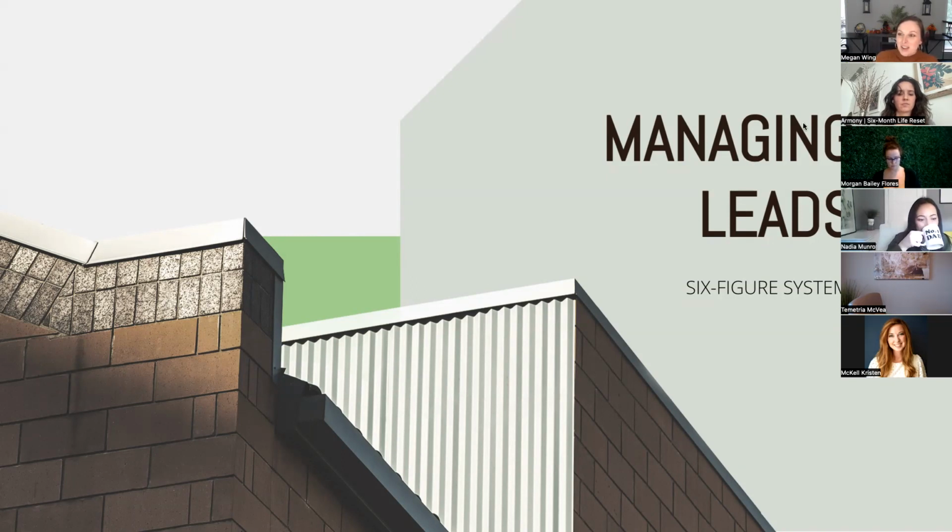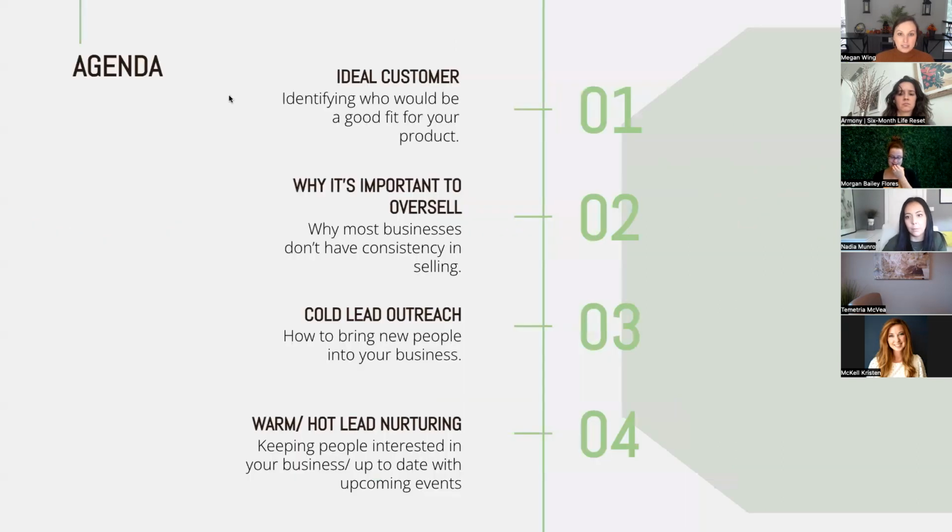Okay, so when we are talking about managing and generating leads, this is one of the most important pieces of having a business. So we're going to talk about who your ideal customer is. Has anyone heard of the term ideal client avatar or ICA? We're going to talk a smidge about that today. We're going to think about who is a good fit for your product.